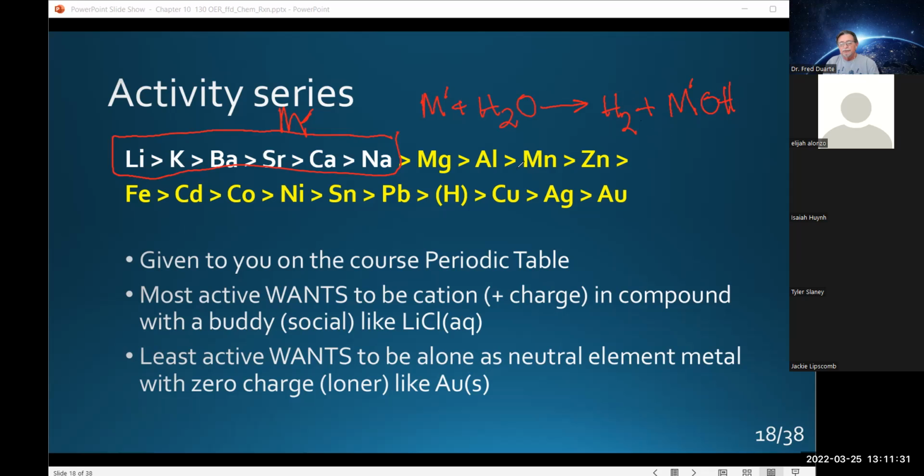They took some hydrogen off of the water and regenerated the hydrogen back into elemental form hydrogen, and then it made the metal hydroxide.